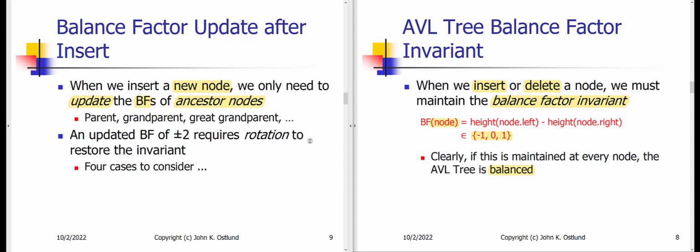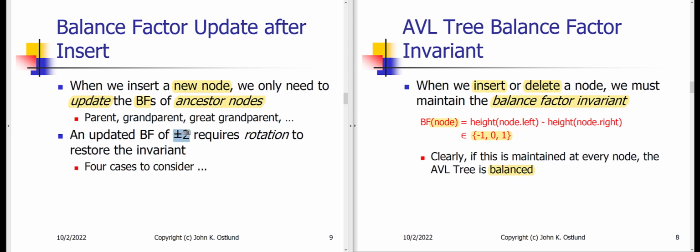That is, the new node's parent, the parent's parent, the parent's parent's parent, and so forth up to the top of the tree. So that means that in an n-node tree, we need to check the balance factors of log n of those nodes when we insert a new node into our tree.